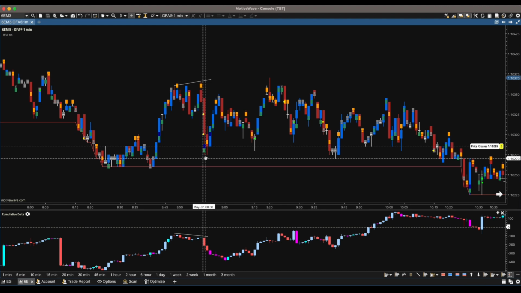And remember that the market spends 80%, now it is not the real number, but the most part of the time in trend, okay. So only a very few moments, only 10%, 20% of its time, price reverses, okay.